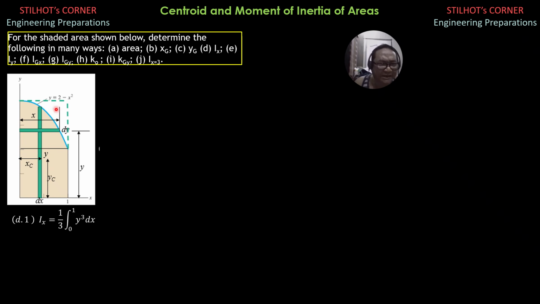And y is equal to (2 minus x squared), then the quantity cubed. Then you just evaluate that integral. Instead of expanding it, you're allowed to use your high-tech calculator, and you will get Ix equals 59 over 35, or that's around 1.686. So that's the first method.